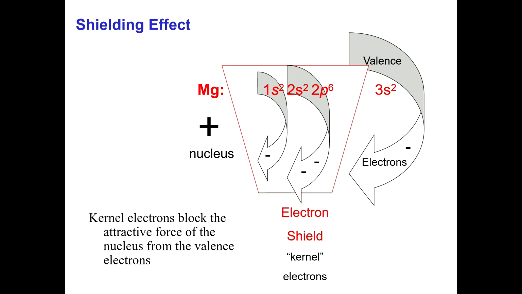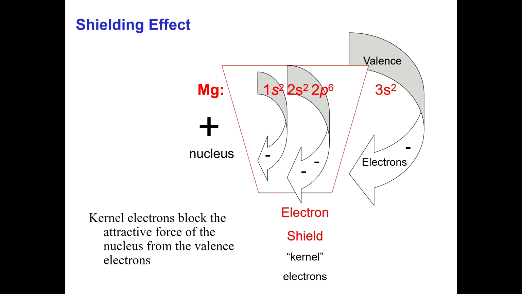So this is called the shielding effect to the valence electrons. This means the inner electrons can shield the nuclear forces to the valence electrons. So here we introduce what the shielding effect is. Any questions about the shielding effect?